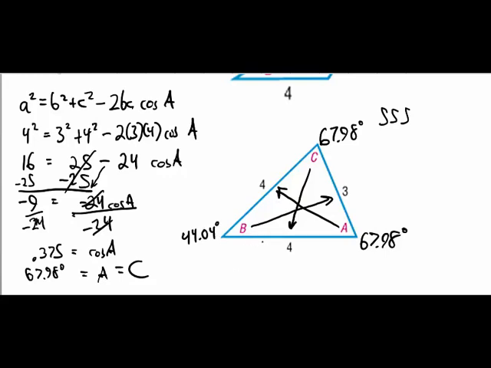And if I add all these three up, it adds up to 180 degrees. You might find again that the book has rounded a little differently, but as long as you're close, you're good.